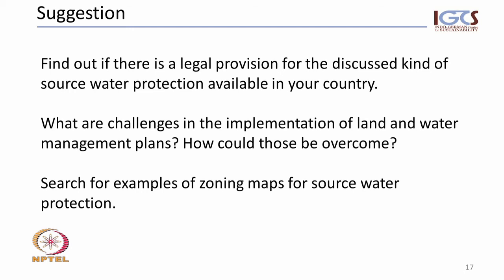And you should search, for example, zoning maps for source water protection. You could find them online. There are many countries who use that concept, and you can get examples, including reports about how these zoning maps were produced. With this, we close for today, and we see us next time again.